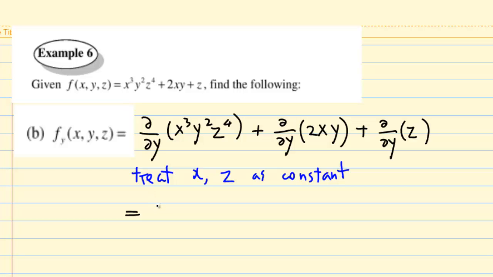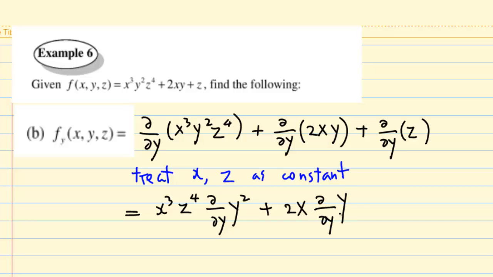So for the first term, x cubed z power 4 is a constant factor, and we differentiate y squared with respect to y. For the second term, 2x is a constant factor, and we differentiate y with respect to y. And the third term is 0, since z is constant. Differentiate with respect to y, you get 0.